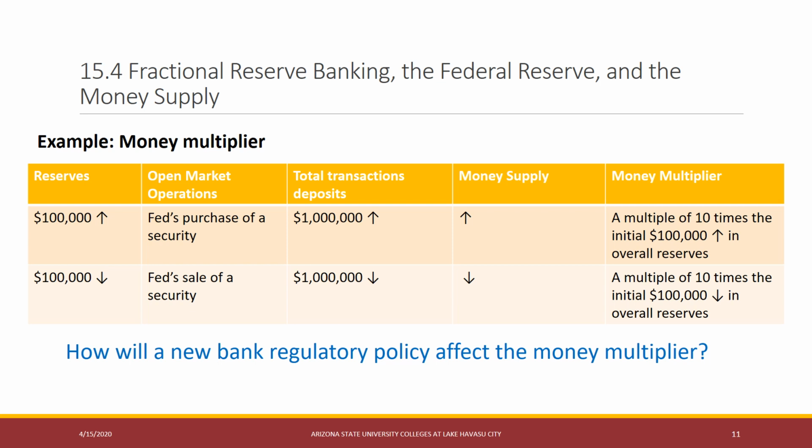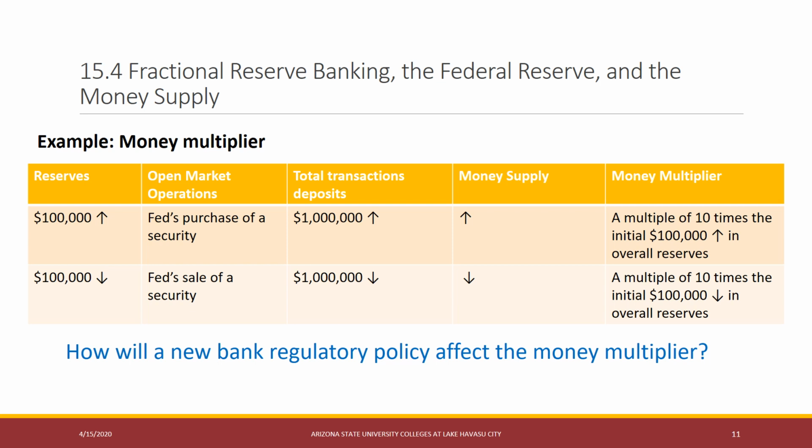In the example that we are discussing, say a $100,000 increase in the reserves, which is generated by the Fed's purchase of securities. Securities can be bonds, right? This yielded a $1 million increase in the transaction deposits, and hence an increase in the money supply. So we can say deposits and the money supply increased by a multiple of 10 times the initial $100,000 increase in the overall reserves.